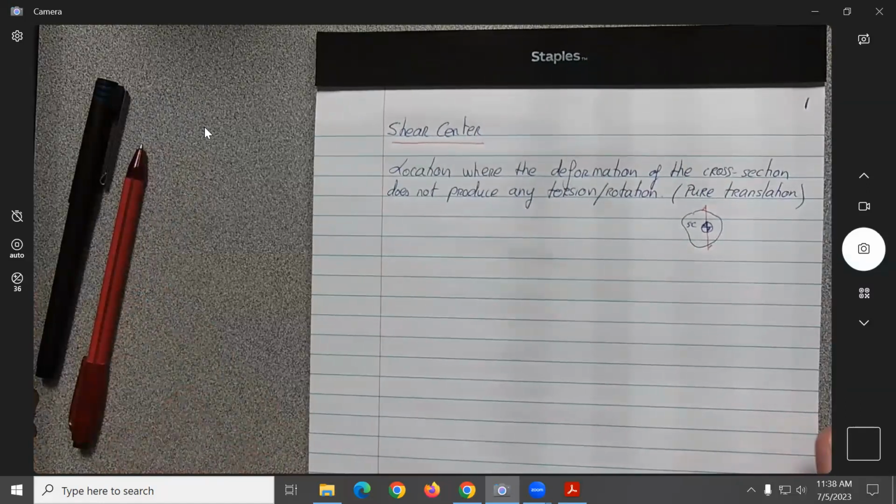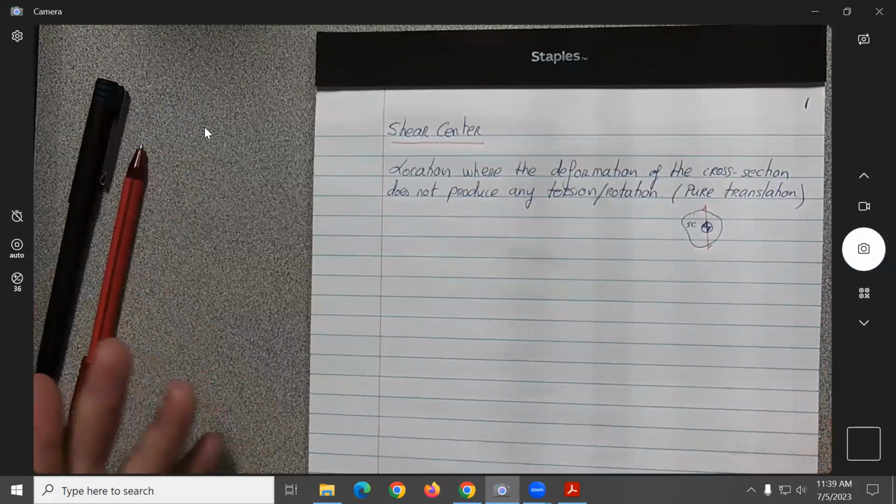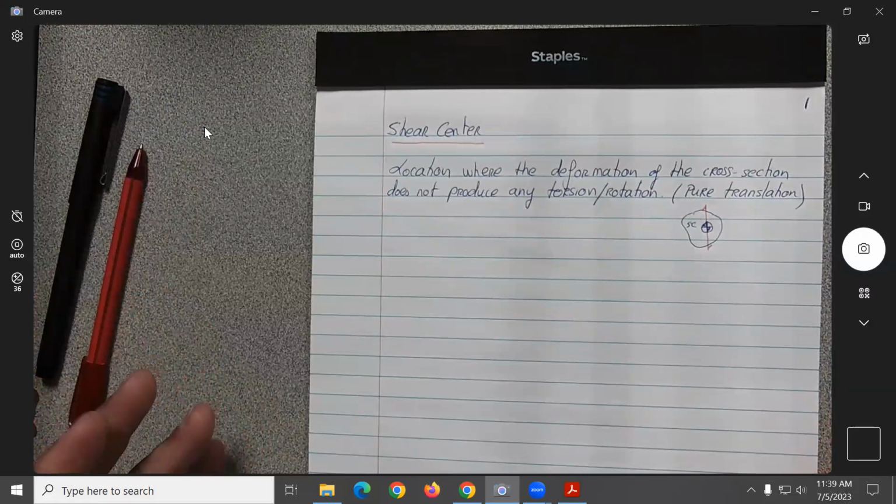What did we do in this class? We learned how to find the shear flows, now of closed sections instead of open sections. So what we're going to do is the same thing. We need to take the cross section, calculate all the shear flows. And then once we know the shear flows, we can take the moments and find the point in the cross section where all the moments will cancel each other. No, the internal to external will be equal to 0.